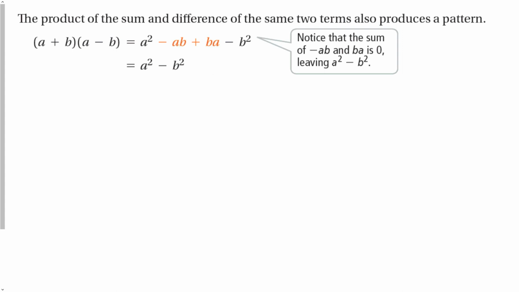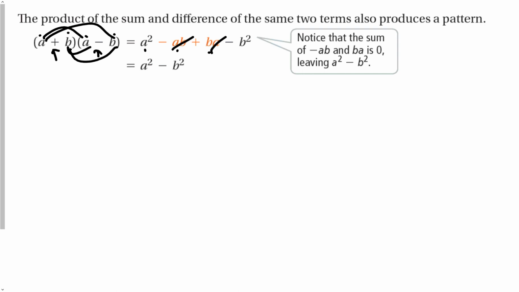Again, not the most useful thing, but you never know when it might come in handy. Okay, so next, the product of a sum and difference of the same two terms also produces a pattern. If you have a sum and a difference with A and B both being exactly the same, when you FOIL this together, you get A squared, minus AB, plus AB or BA, and then minus B squared.